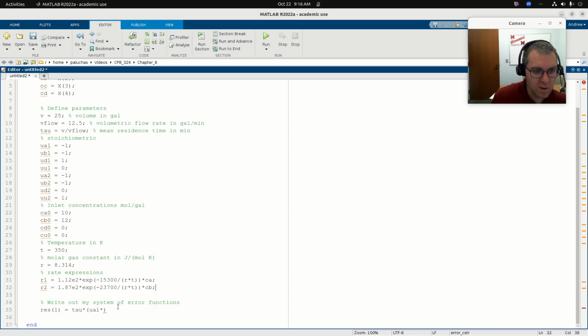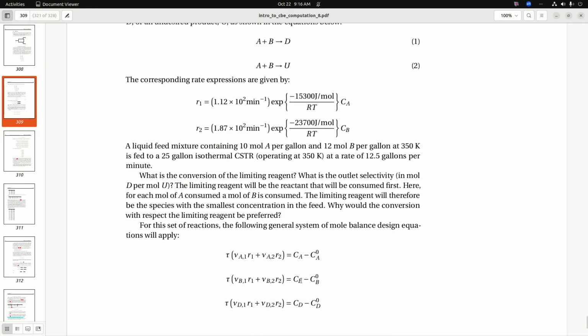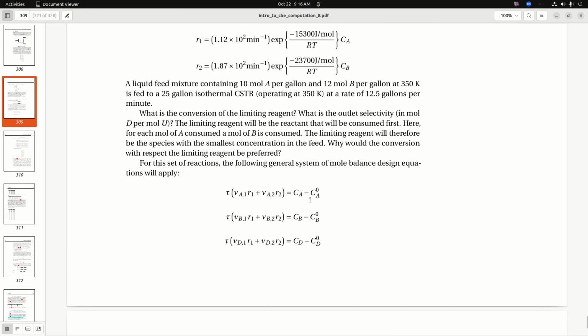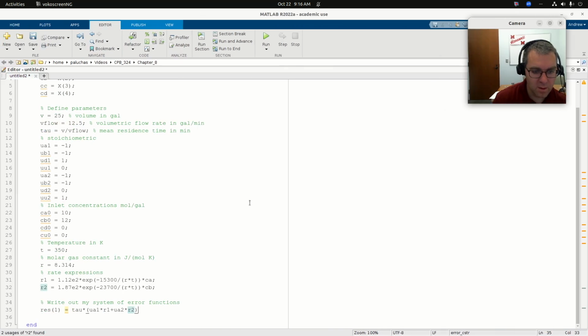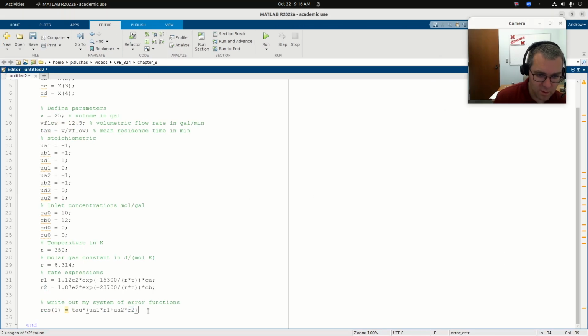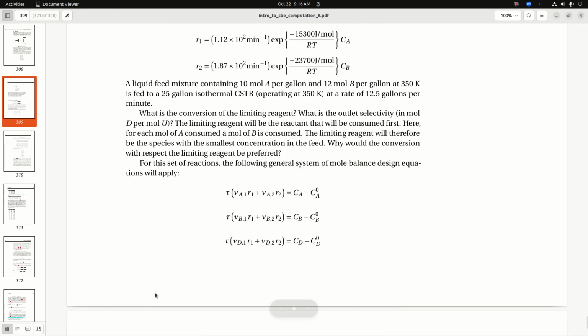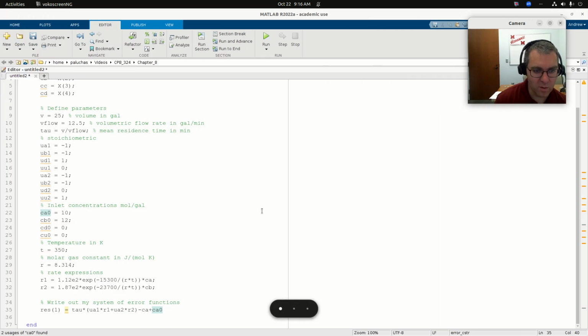Phew. Okay, so now when I go to my system of error functions, we have tau times nu A1 times R1 plus nu A2 times R2 minus CA plus CA naught. So it'll be minus CA plus CA naught, all right, when I bring them all over.